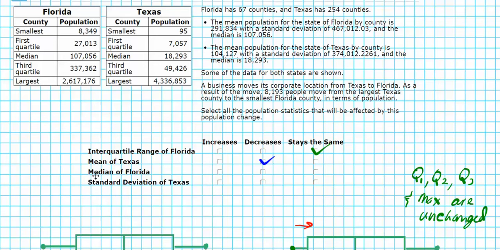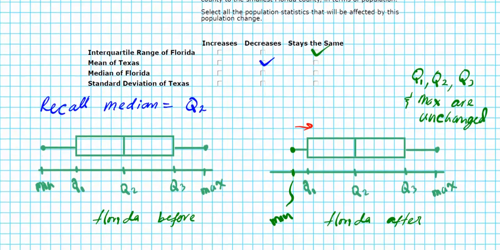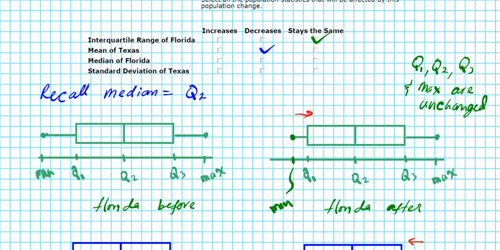Now, next we're going to take a look at the median of Florida. Okay, so what I want you to do is recall that the median is equal to Q2. Now for Florida, what did we say concerning Q2? Only the minimum was altered. Okay, so Q2, guess what?